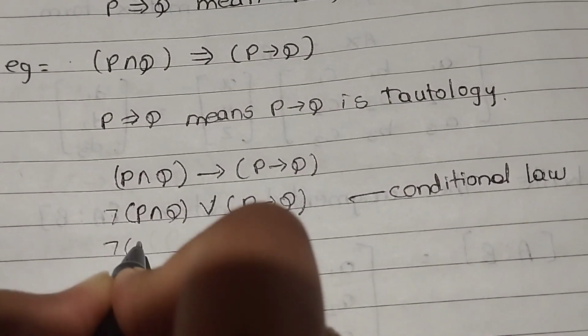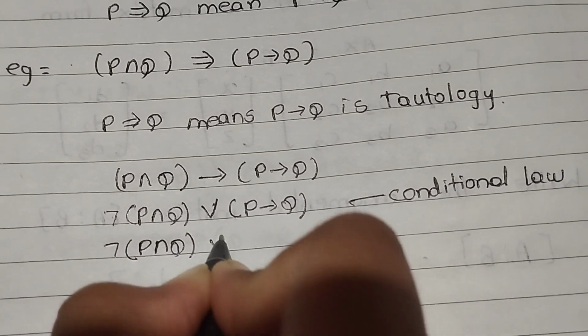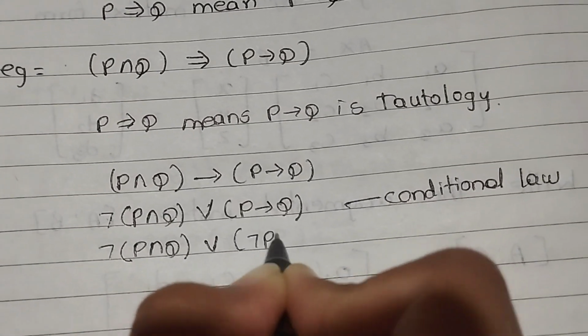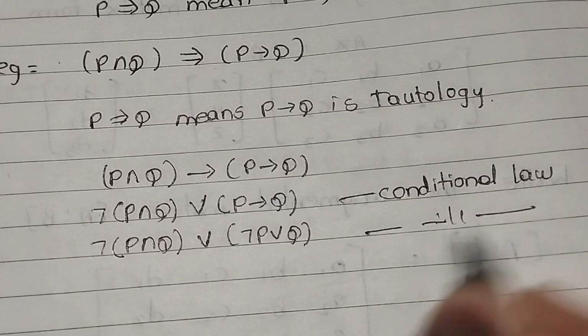So the first bracket as it is, (P and Q), or negation P or Q. This is also the conditional law.